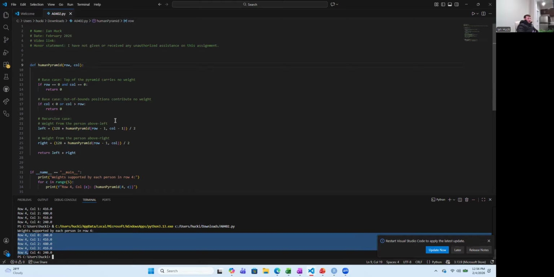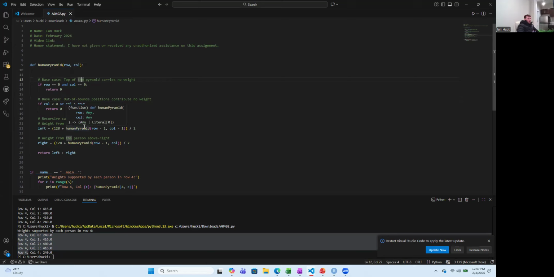So if the row is equal to zero and the column is equal to zero, return zero. Cool. If the column is less than zero or the column is greater than the row, return zero. This makes sure that there's no out of bounds positions for anyone not on the top row. And then this makes sure that nobody at the top of the pyramid is carrying any weight.